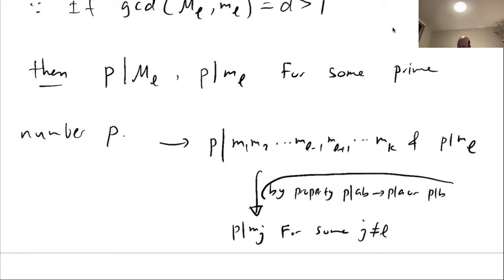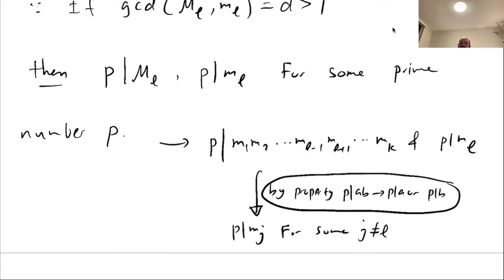If you remember last time, towards the end of the lecture, we showed that if a prime number divides the product of two numbers, then it divides one of them. Similarly, this can be generalized: if a prime number divides the product of a few numbers, then it divides at least one of them.